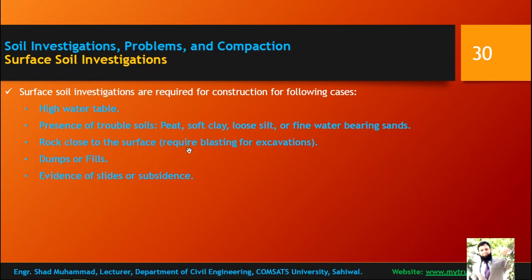Rock close to the surface requires blasting for excavation; there may be dumps or fills, or a dumping site, and evidence of slides or subsidence. So these are some visual inspections: if the water table is too high, waterlogged areas, soil characteristics, exposed rock, dumps and fills, weak soil, and sliding.